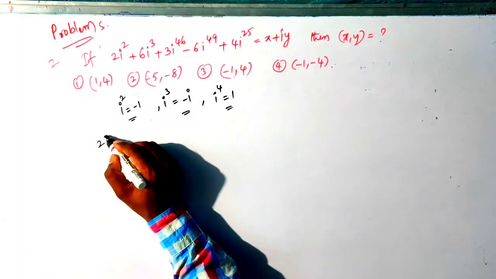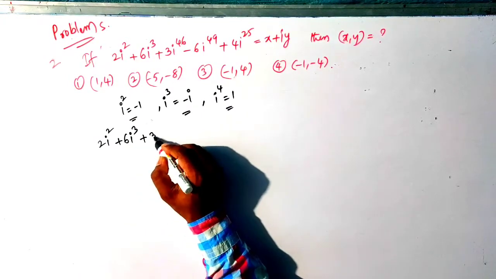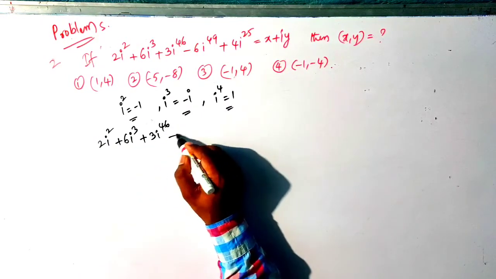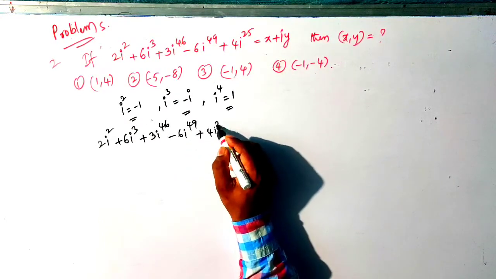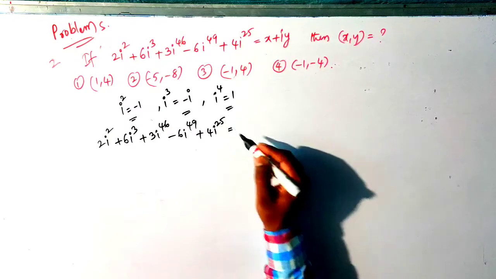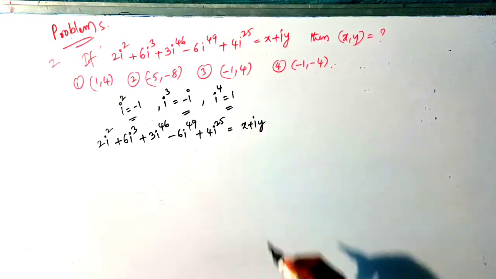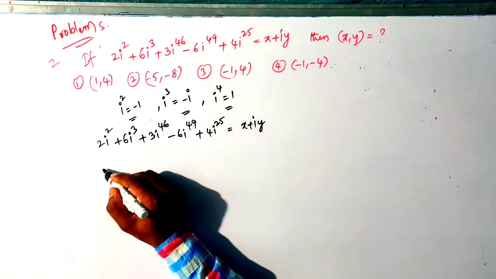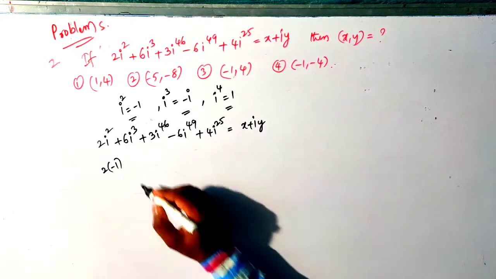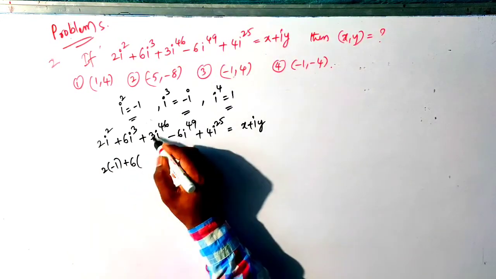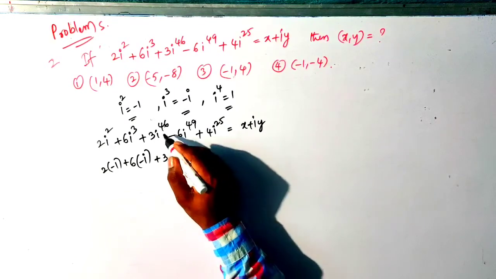Now we take 2i square plus 6i cube plus 3i power of 46 minus 6i power of 49 plus 4i power of 25 equals x plus iy. So 2 into i square is -1, we write directly here. 6 times i cube, minus i, we write here, plus 3 of i power of 46.